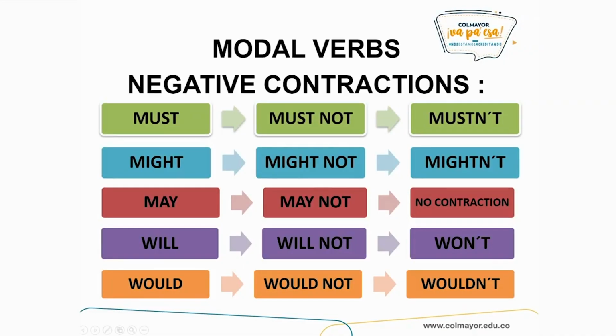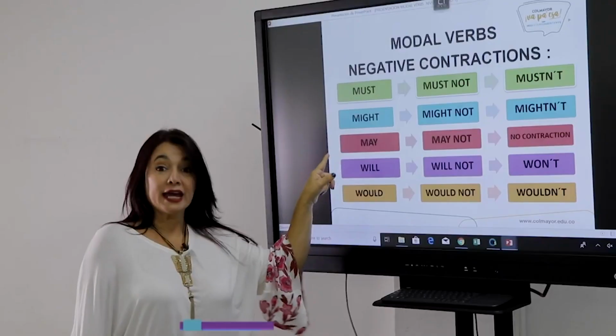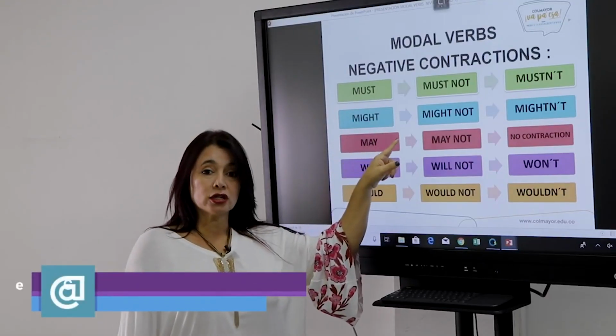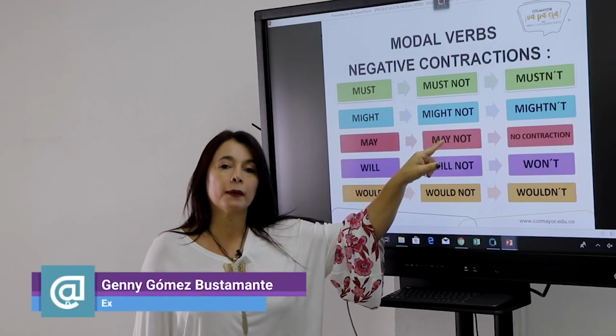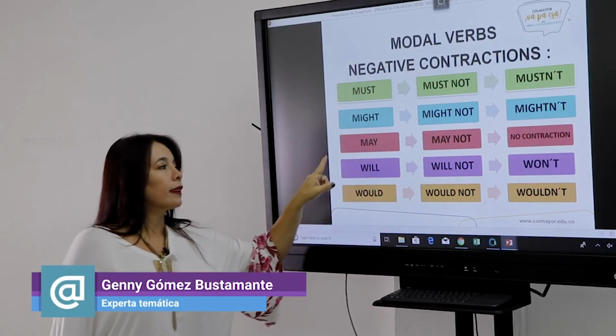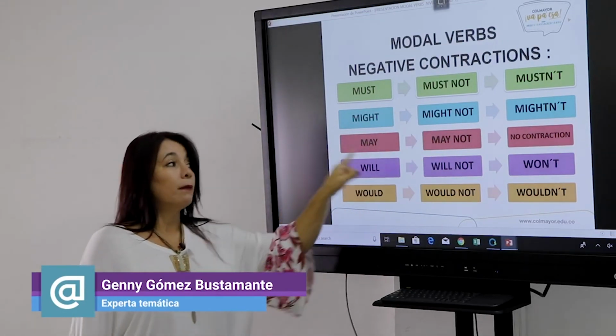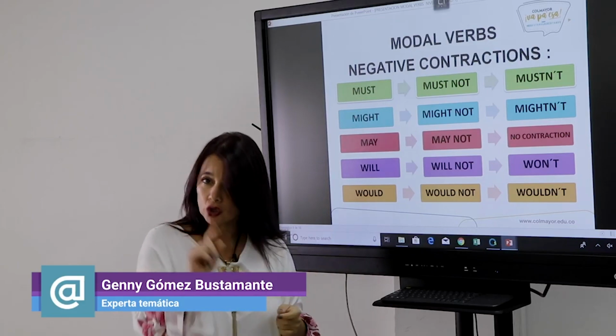When we do the modals in negative form, we have some contractions. For example, must not, the contraction mustn't. Might not, the contraction mightn't. May not, no contraction.